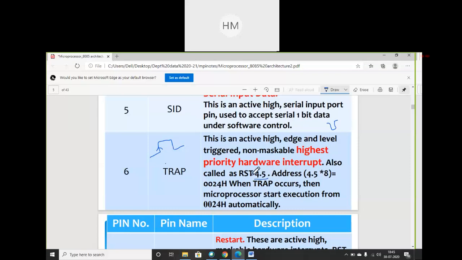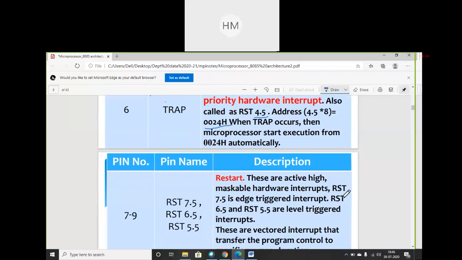We will multiply 4.5 by 8 and convert that into hexadecimal. Clear? So it generates 0024 hex. From this address, the TRAP pin starts. Wherever the program is stored for what is to be done when TRAP is high, the microprocessor starts executing from this location. When TRAP occurs, the microprocessor starts execution from 0024 hex automatically. Is it clear? Is it clear to all?